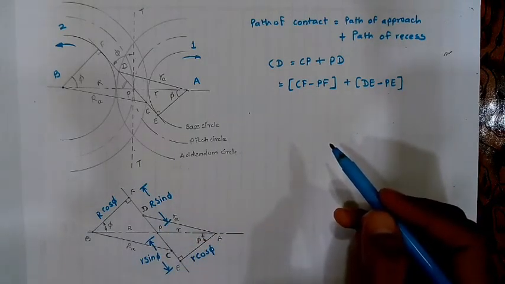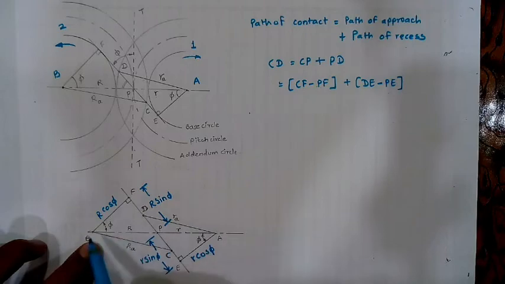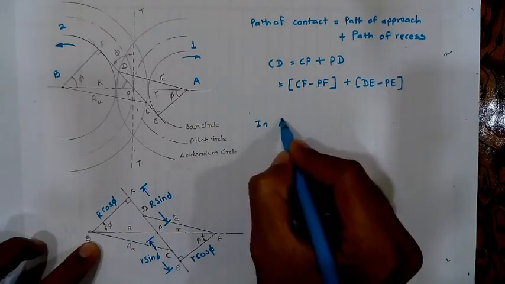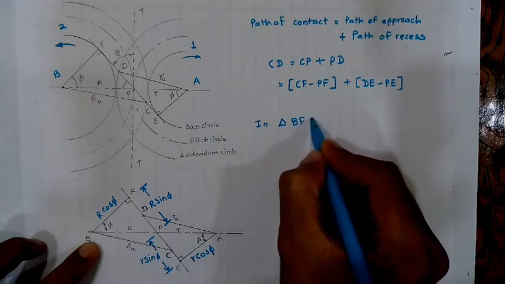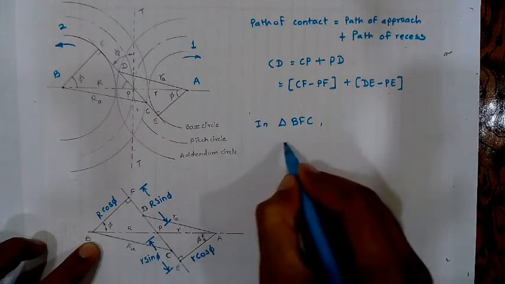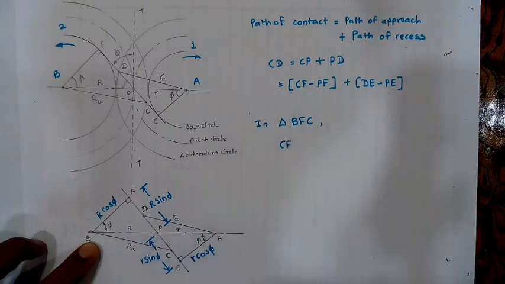So in triangle BFC, I want to find out CF. If you see, BFC is a right angle triangle which has BC as its diagonal.